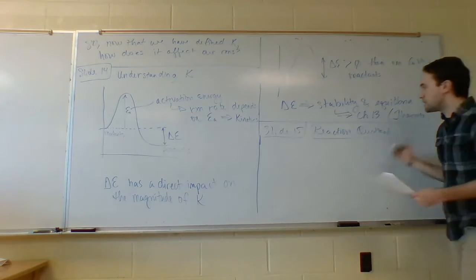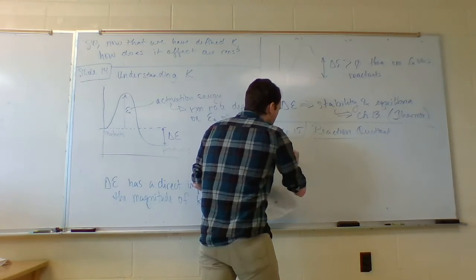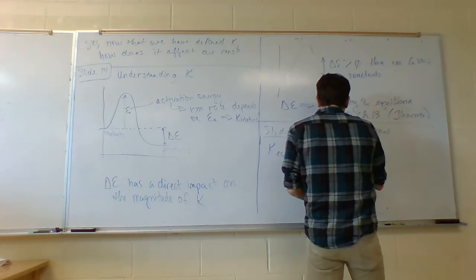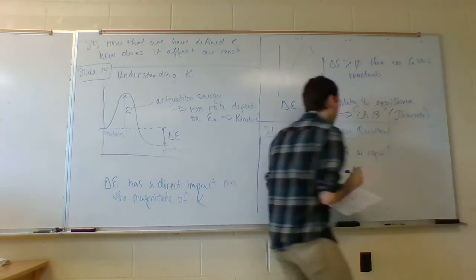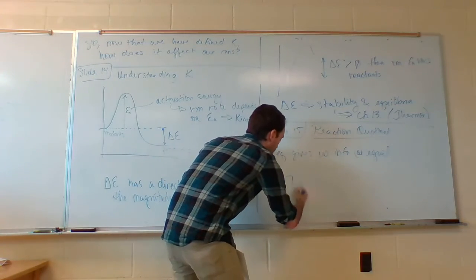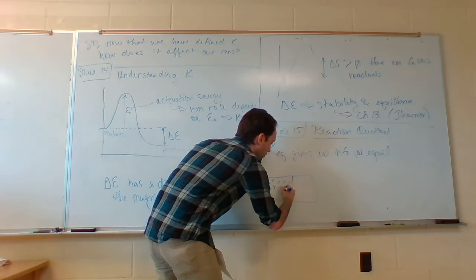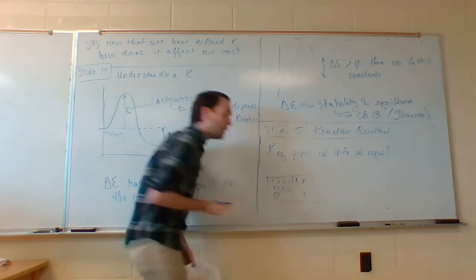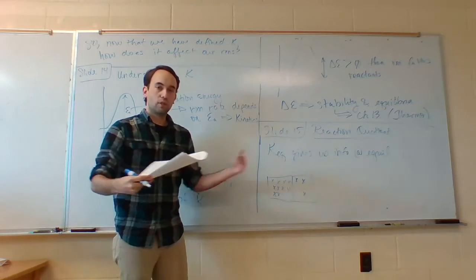But to introduce this idea of the reaction quotient, we know that K_EQ gives us information at equilibrium. But if we're away from equilibrium, say we had 2 classrooms, and one had a bunch of students packed into it, and this one only had like 3, you could imagine that it wants to spread out, it wants to form equilibrium.